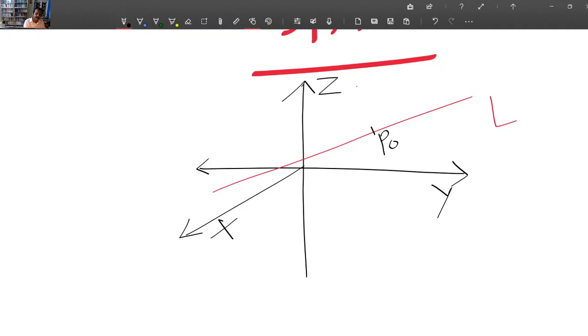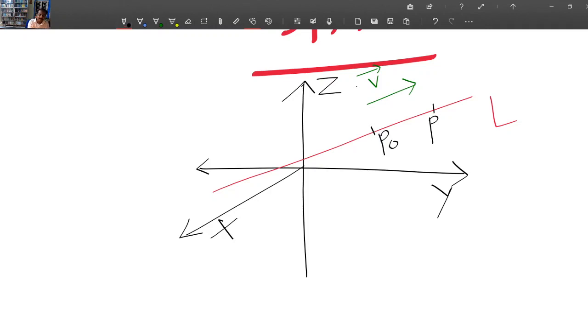Suppose you are given a vector V parallel to the line. So this is the situation. Now consider the set of all points P on the line L. Suppose you have a point P, a general point.